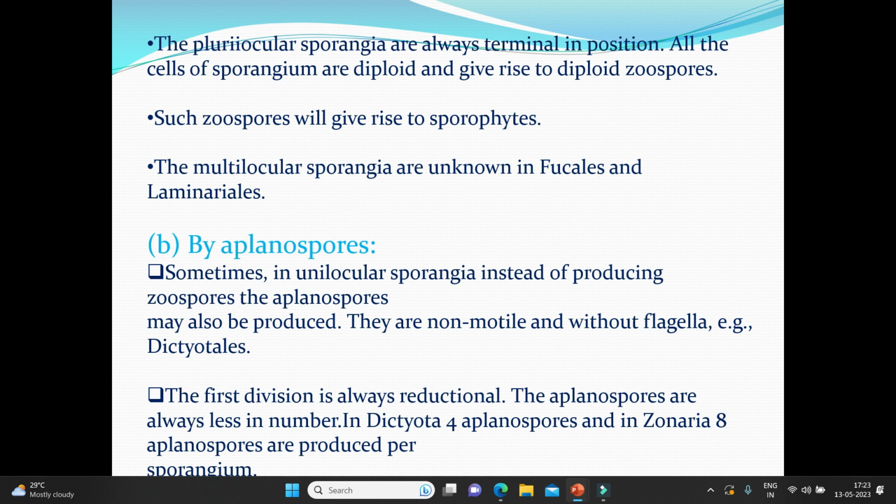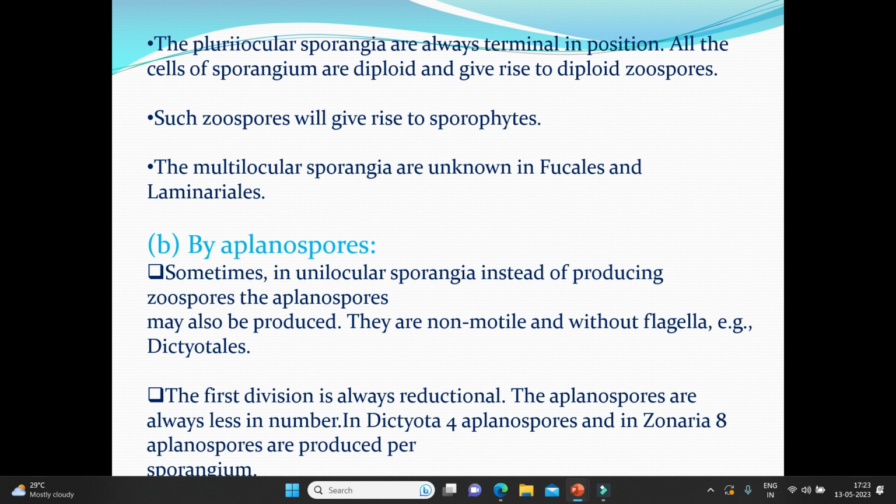All the cells of the sporangia are diploid and give rise to diploid zoospores, and such zoospores give rise to sporophytes. The multilocular sporangia are known in Ectocarpus, which is also one of the orders of brown algae.